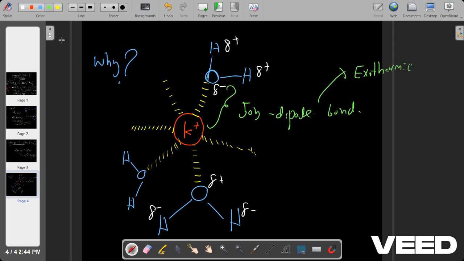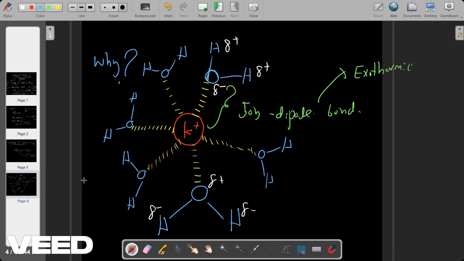After that I will show you enthalpy of solution, and why it can be either negative or positive. I'll show you that too. So it is getting surrounded. Before this, you have an additional step. That is why it can be either endothermic or exothermic.